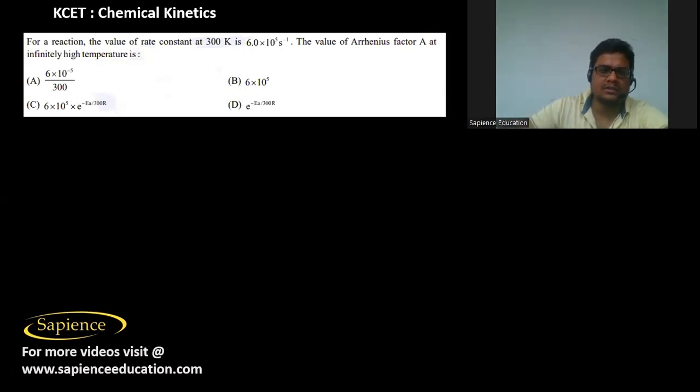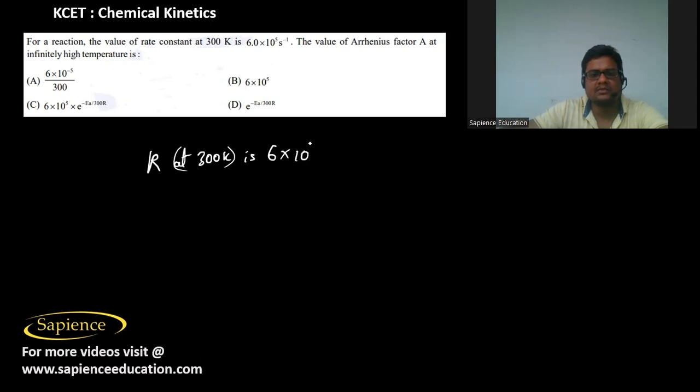Then it is told that for a reaction, the value of the rate constant K at 300 Kelvin is 6 into 10 power 5 per second. The value of the Arrhenius factor at infinitely high temperature is. As you know, K will be equal to Arrhenius factor A into e power minus EA by RT. The value of the Arrhenius factor will not change.